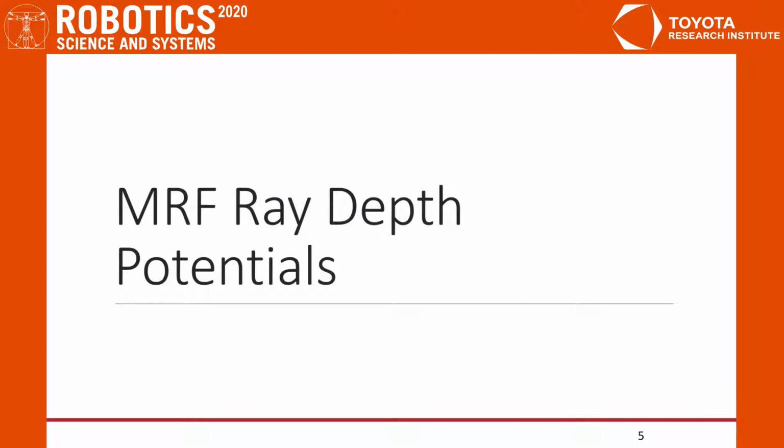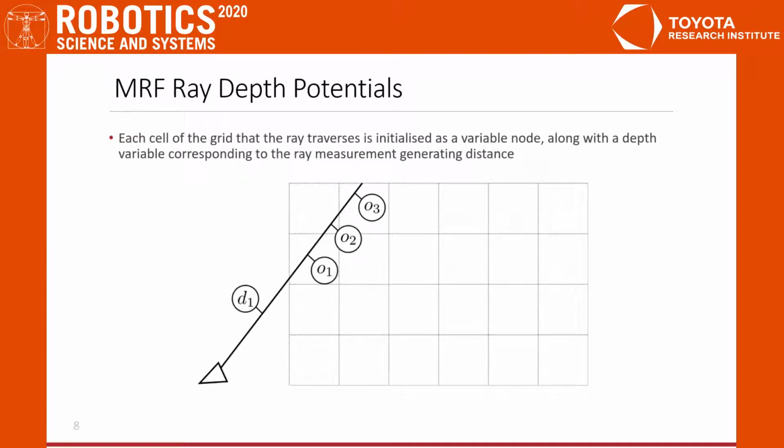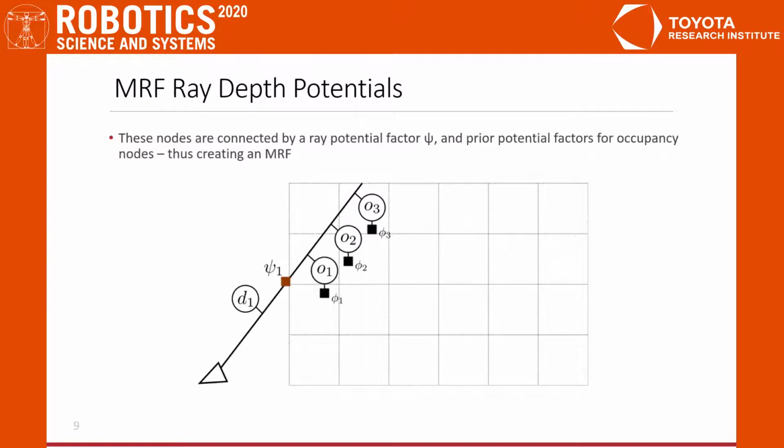We begin by detailing MRF Ray Depth Potentials. Consider a discretized map volume and a depth camera. Corresponding to each pixel, a ray can be traced through this volume. Each cell of the grid that the ray traverses is initialized as an occupancy variable, along with the depth variable corresponding to the ray measurement generating distance.